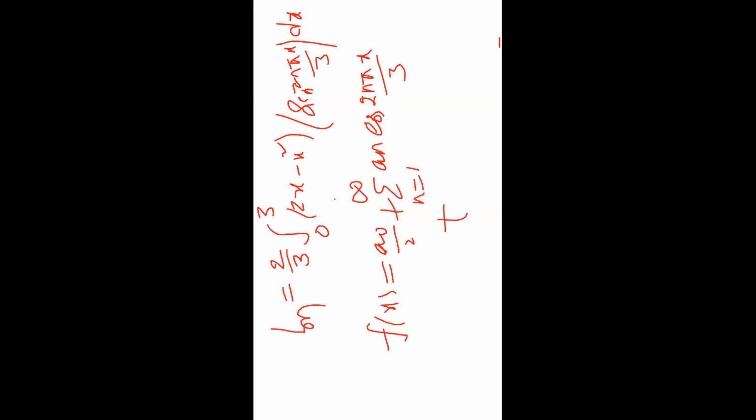After finding a naught, an and bn, substituting in the expression, f of x equals a naught by 2 plus sigma n equal to 1 to infinity an cos 2n pi x by 3 plus sigma n equal to 1 to infinity bn sin 2n pi x by 3.